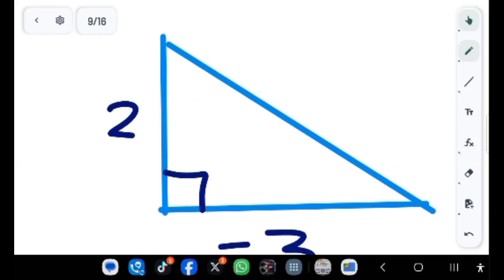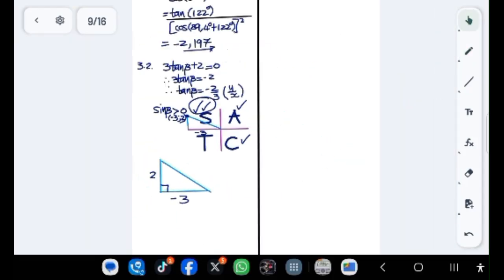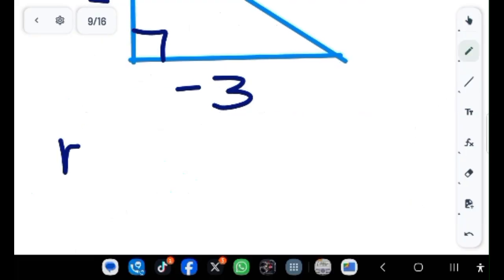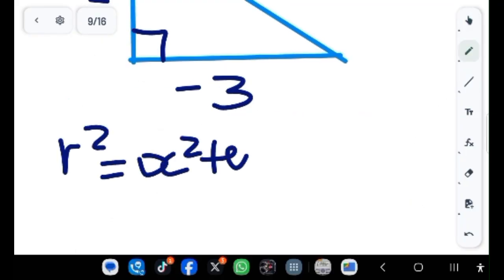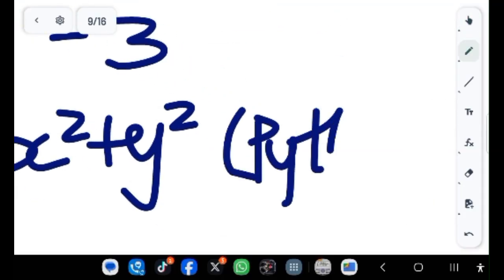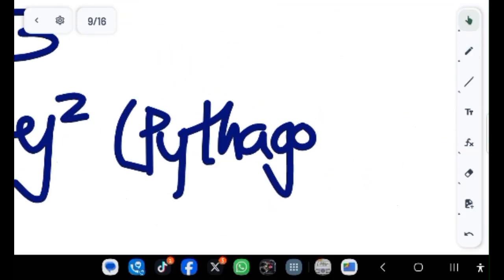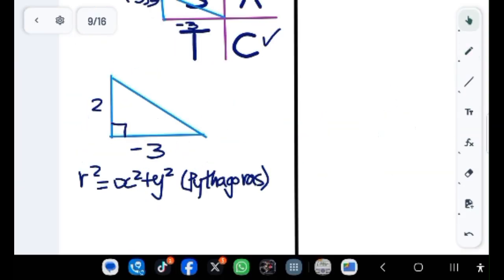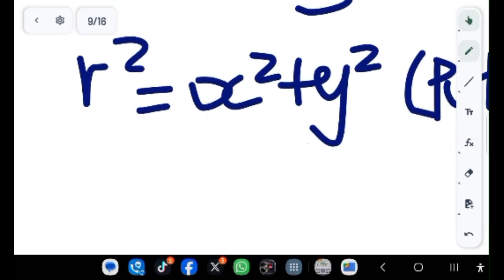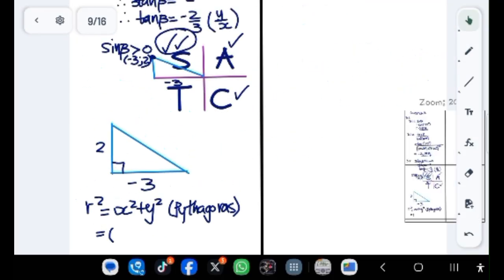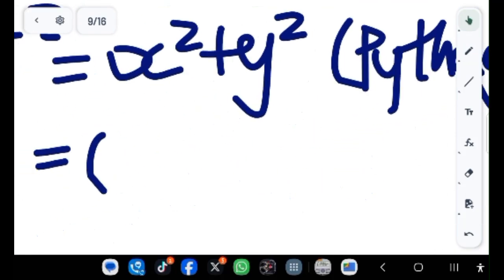Now we need to find the hypotenuse because it's important. The hypotenuse r squared equals x squared plus y squared, and the reason is Pythagoras. That's how we calculate, because to calculate the cos we're going to need this hypotenuse. So now our x is negative 3, our y is positive 2.